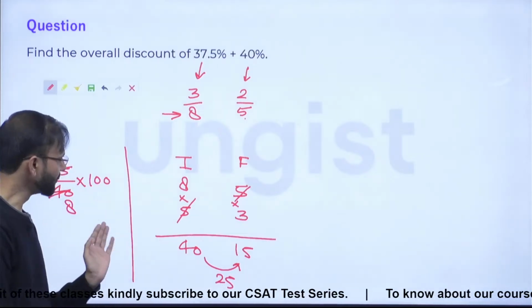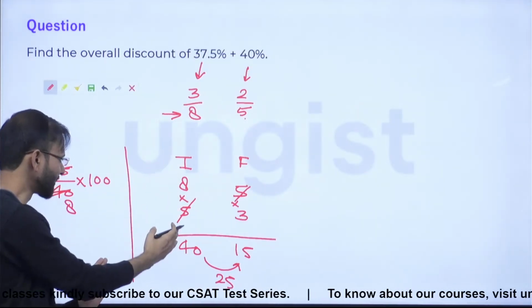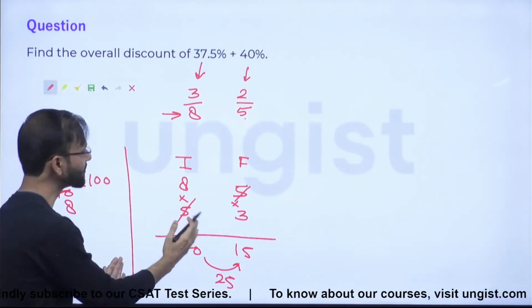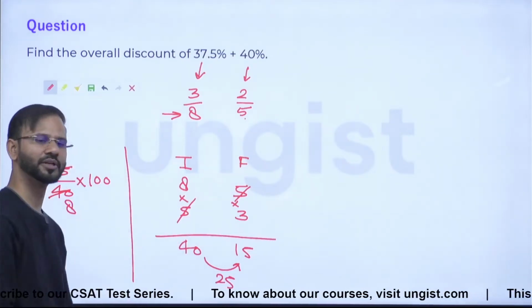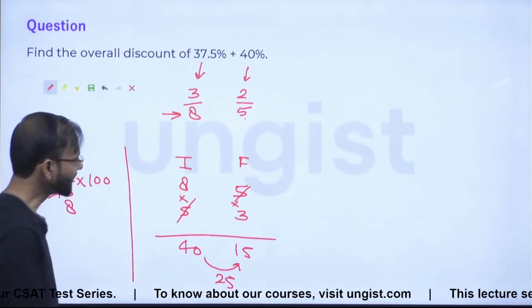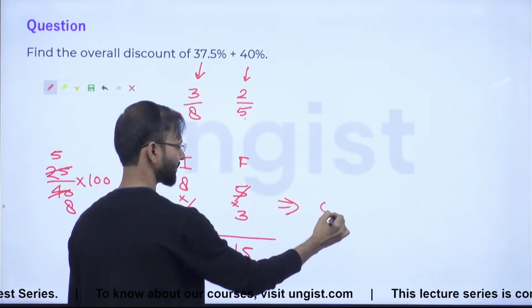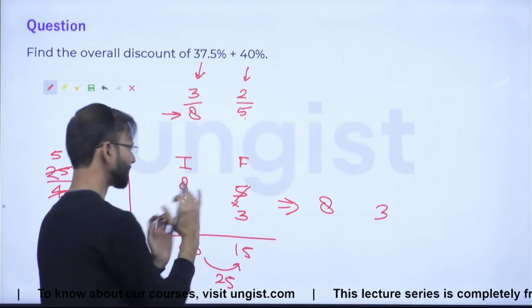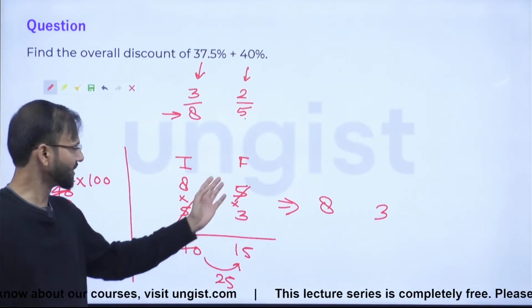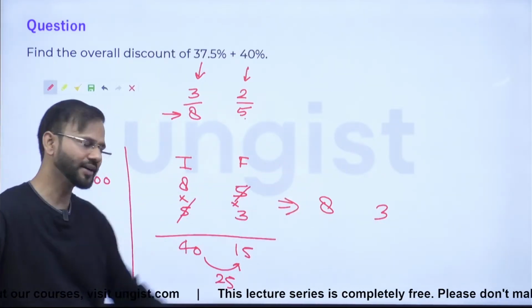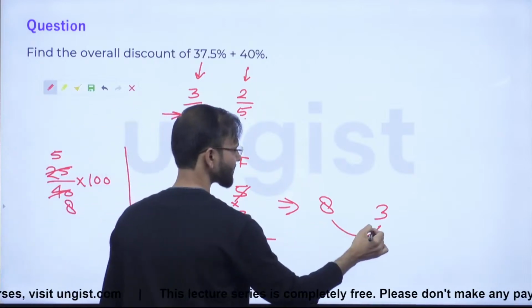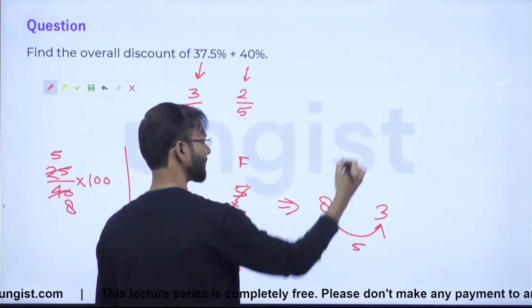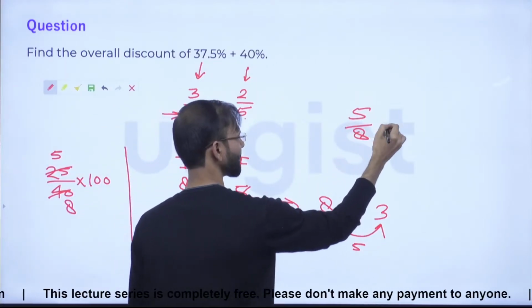So what I'm trying to tell you is, if you are getting some value which is written in the first column and the same value is written in the second column, just cancel it here only. Right? So finally, you are just thinking that 8 is becoming 3. Equivalent to, this is equivalent to 8 becoming 3, right? If 8 is becoming 3, then this is the discount of 5 with respect to 8. So 5/8, guys, what is 5/8?